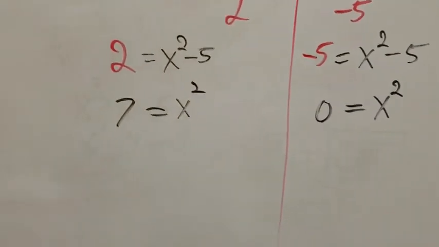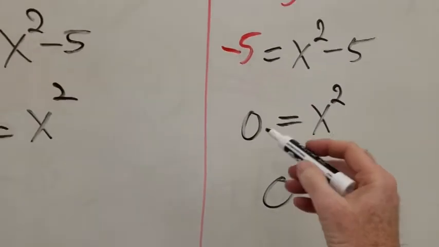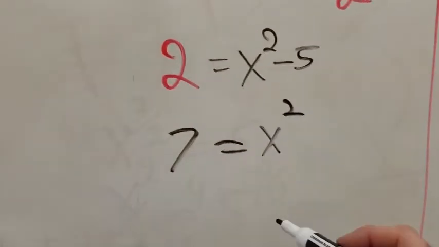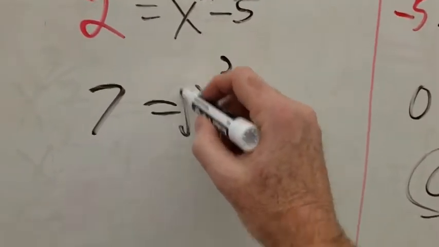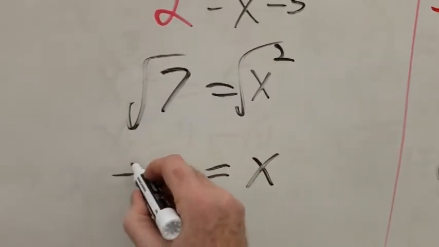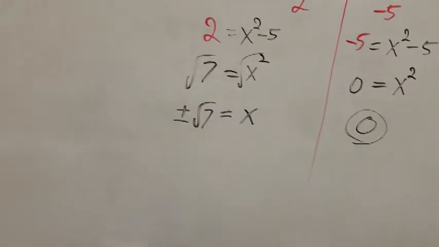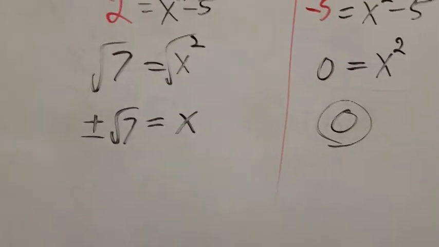So here's one answer. It's just 0. That's one answer. And over here, take the square root of both sides. So you get x equals plus or minus square root 7. And I can't do anything with the square root 7, so I just leave it like that.